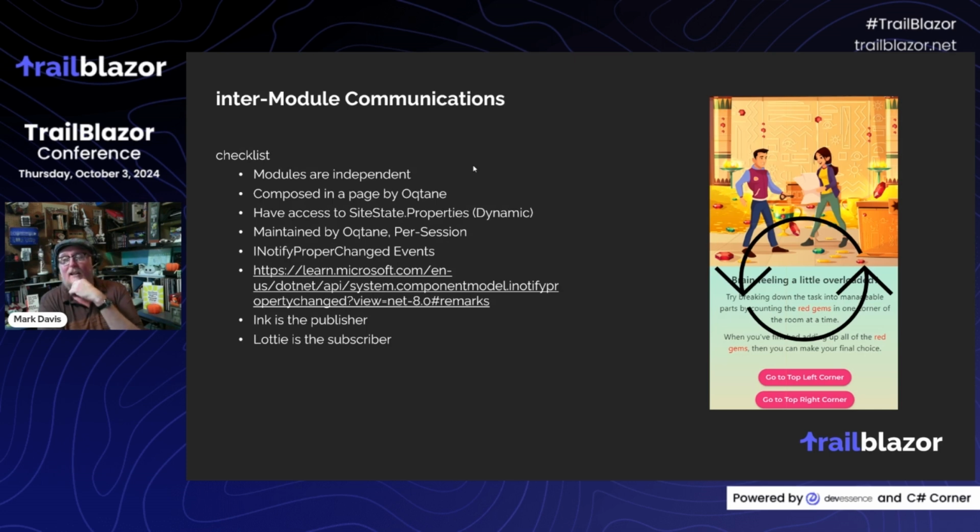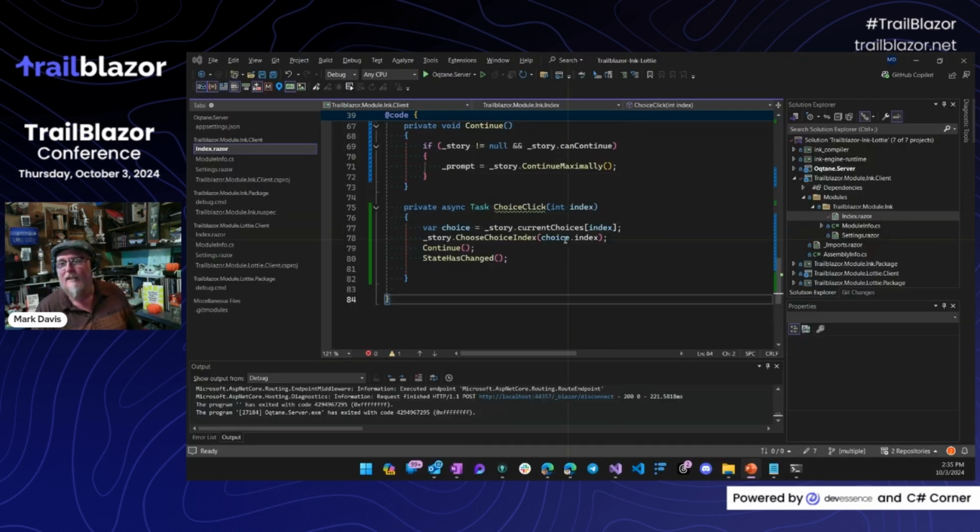So in our case, what we want is we want the ink module to make a change to a property, and then we want the Lottie module to be listening for that change. So it's kind of like pub sub, but not really.